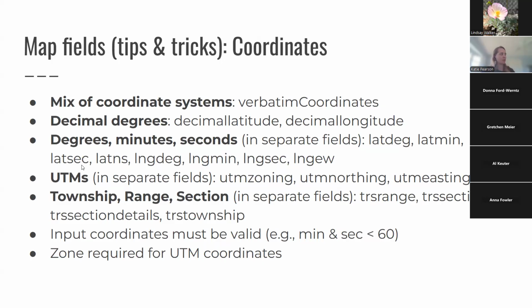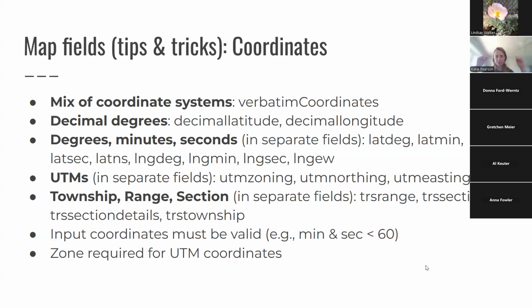And this is what they're called: lat sec, lat ns, lat deg, long min, long sec, long east west. So just refer to that big long table of available fields, and that'll help you if you have any specific coordinate needs.